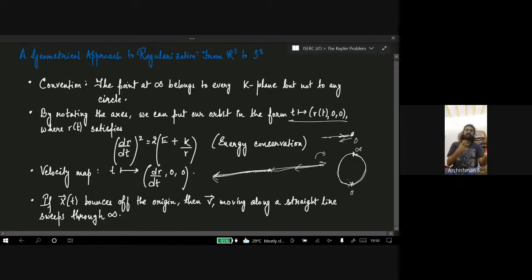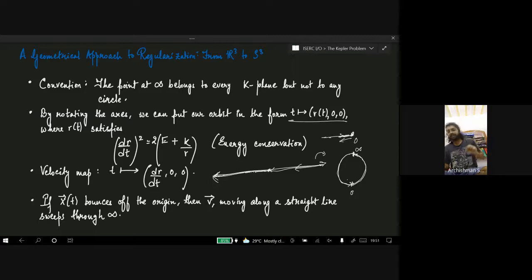If you're not familiar with one-point compactifications, you can interpret it this way: as x approaches the origin, your velocity increases. But since it's approaching, the velocity increases in the opposite direction, towards minus infinity. Then when you hit the origin, the velocity has infinite magnitude. And when you get away from the origin, your velocity has positive magnitude.